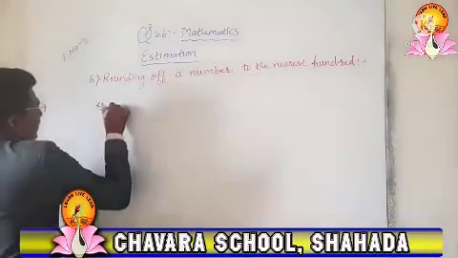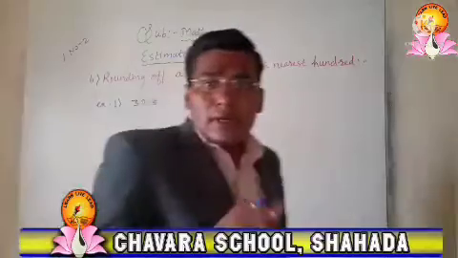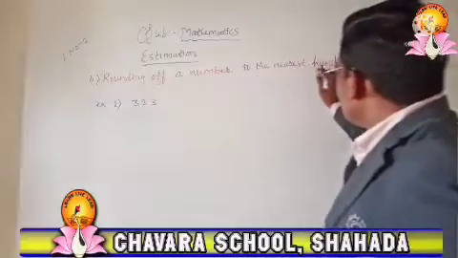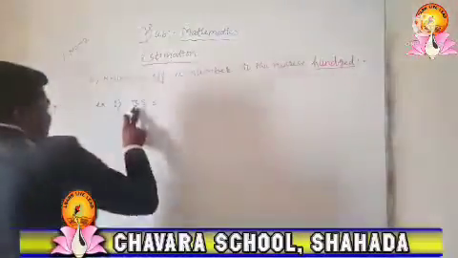For example, first, if we have the value 323, now we have to convert the number to the nearest 100. So which is the 100 place value? The 100 place value is 3.